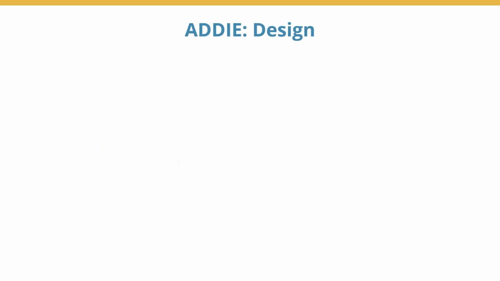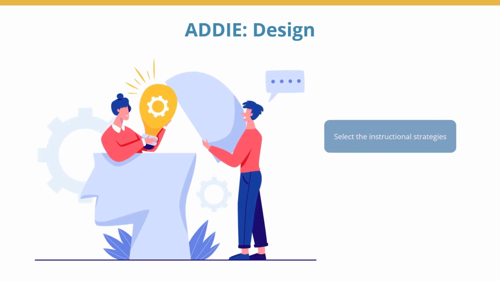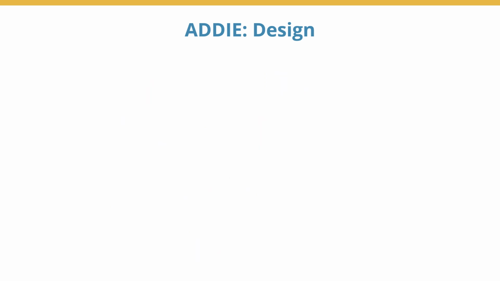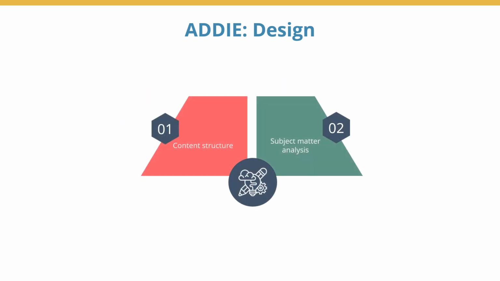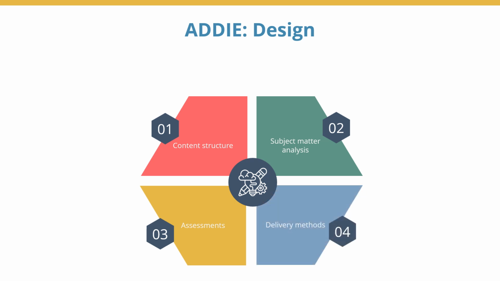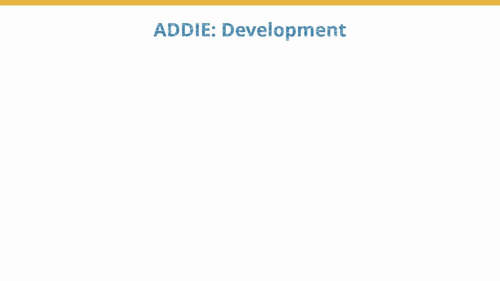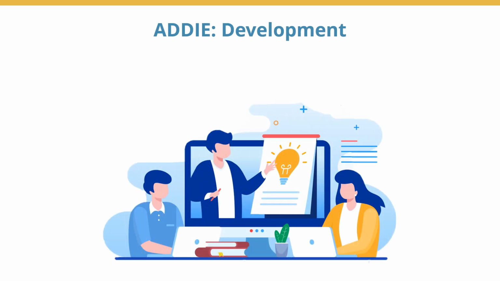The design phase includes selecting the instructional strategies and outlining the learning objectives. The content structure, subject matter analysis, assessments, delivery methods, etc. are also finalized during this phase. Next comes the development phase, where the end product for the learners, that is, the learning materials, are actually created.